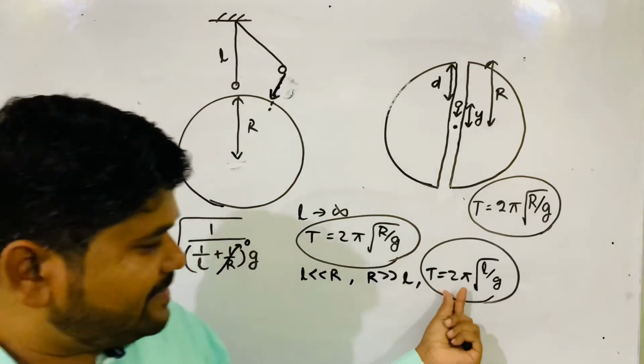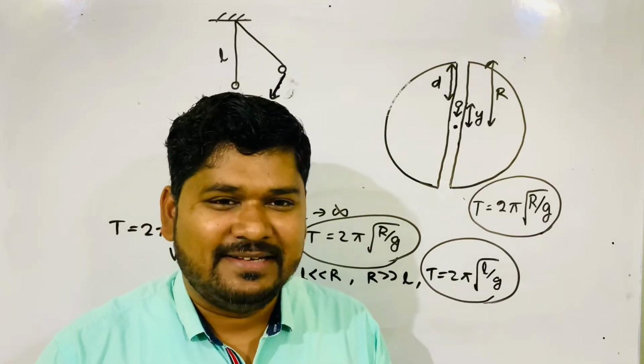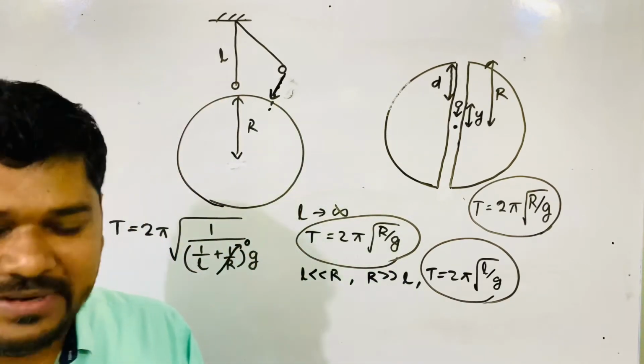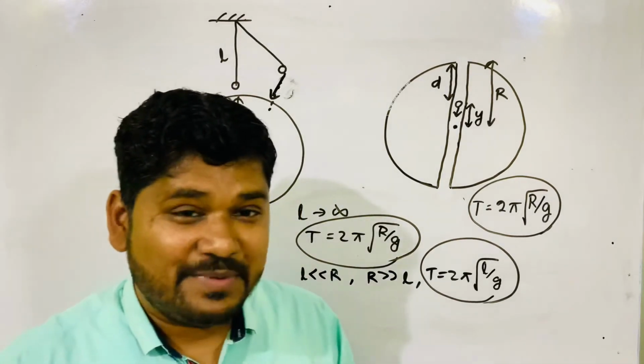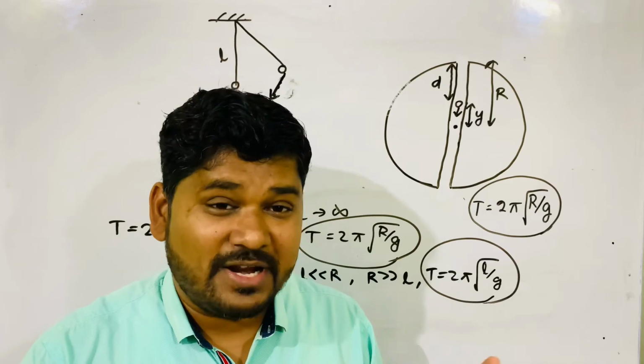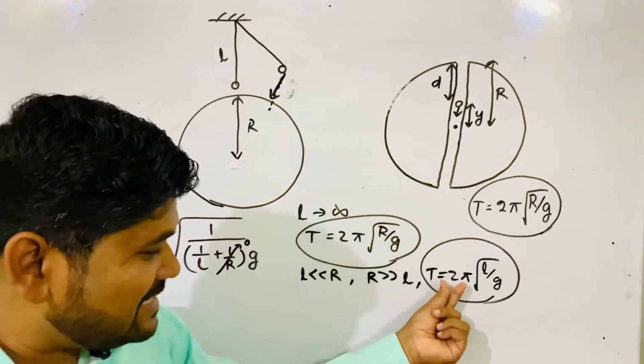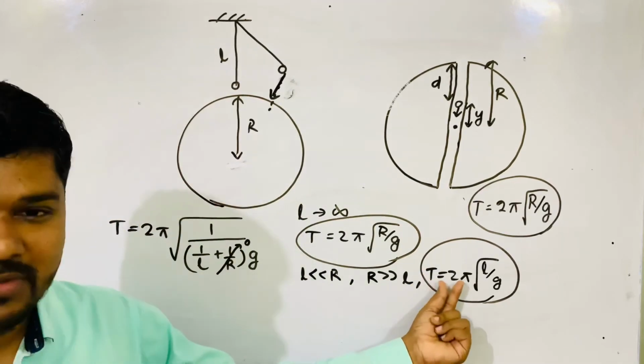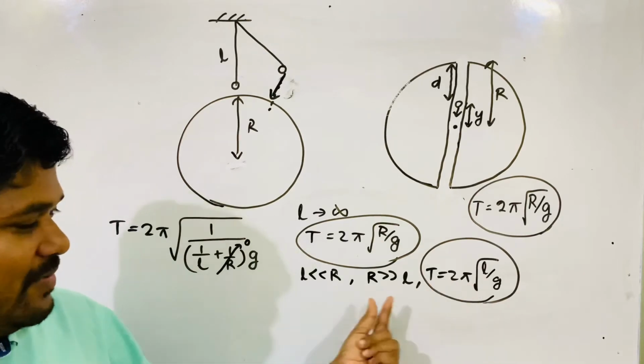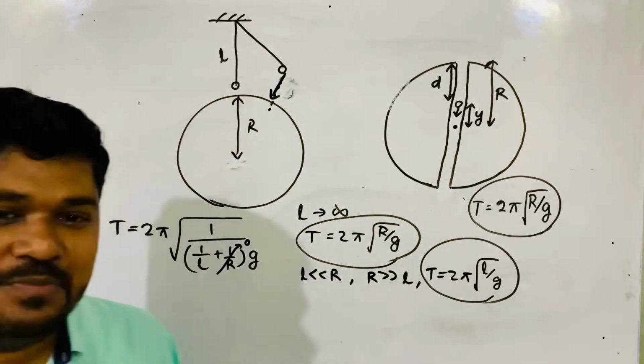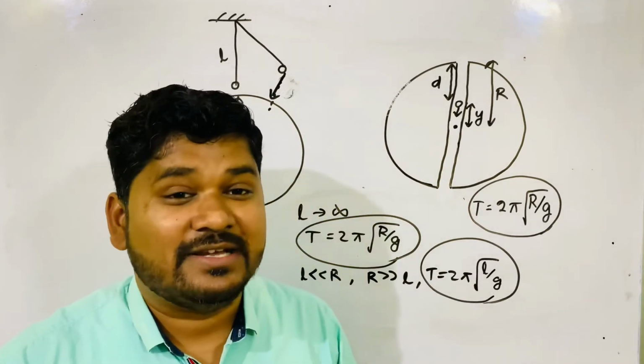This one we have derived. So what case have we derived in the previous class? That is the important question I told you. That's a special case actually. That is only valid when the length of the pendulum is very small in comparison to the radius of Earth.